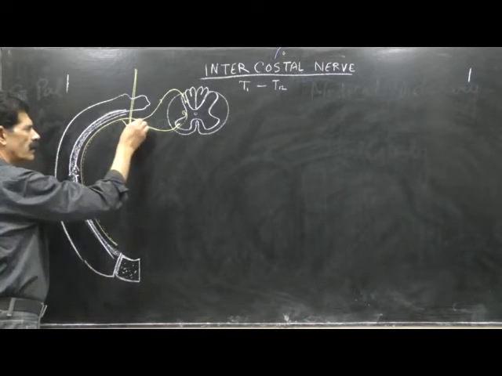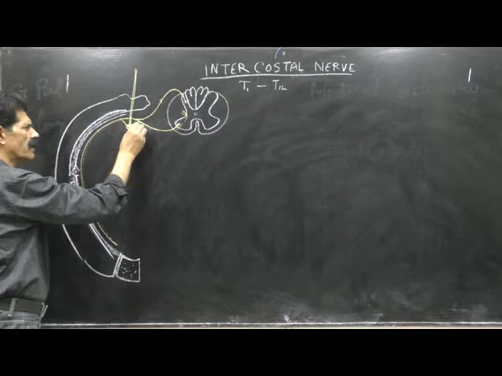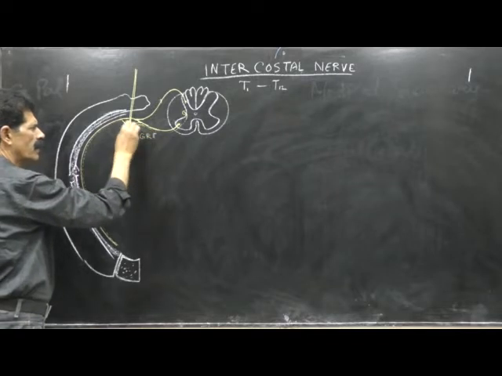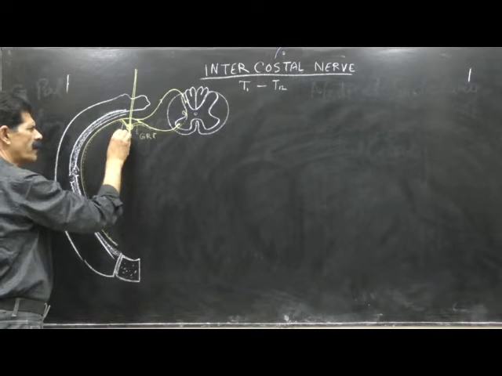So this branch which goes from the motor nerve of the spinal nerve into the sympathetic ganglion is called the gray ramus communicans. And when the postganglionic fibers go again into the nerve, this is called the white ramus communicans.